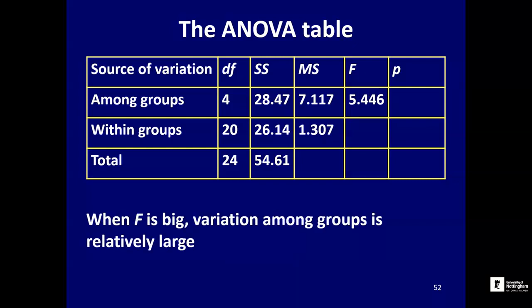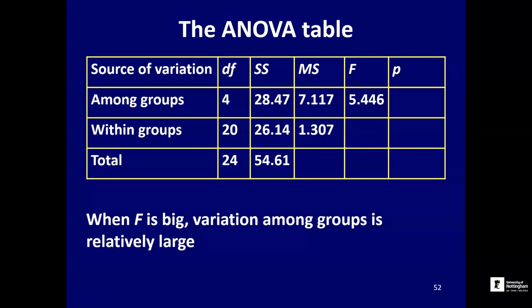So when F is big, just like almost all statistics, when F is big, that indicates a big difference or a big deviation from what you'd expect under the null hypothesis. Why is that? Well, what does it mean? It's the ratio of a quantification of the among group variation, that's the interesting differences between the groups, versus the boring within group variation, which is just caused by random differences among individuals.